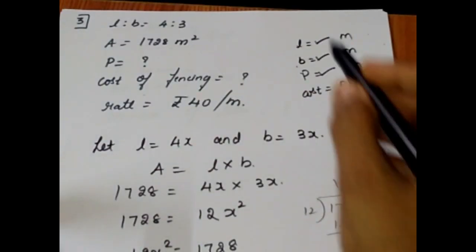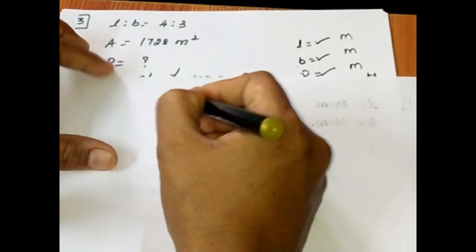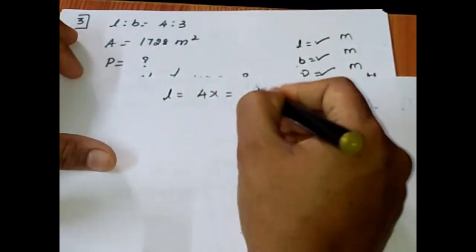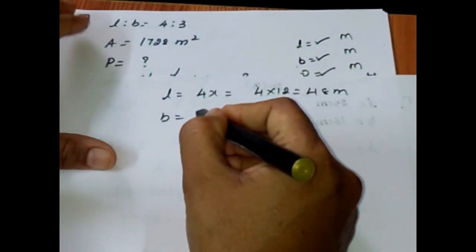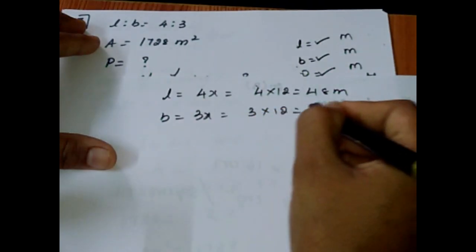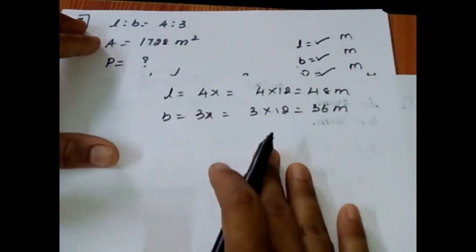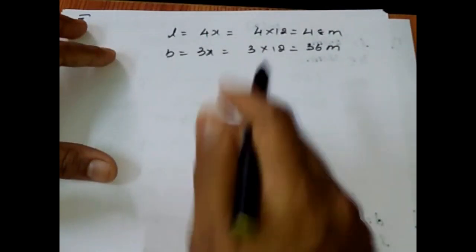So did I get length and breadth? No, I got only the measure of x. So let us proceed with length and breadth. Length is 4x, that is 4 into 12, 48 meter. Breadth is 3x, 3 into 12, that is 36 meter. So first length over, breadth over. What is my next step?